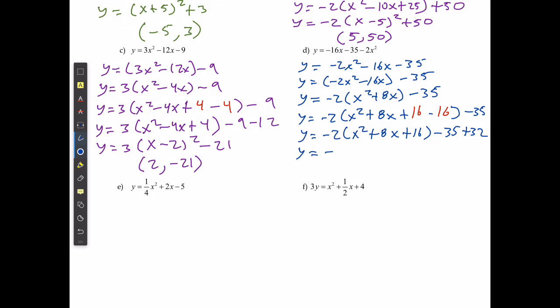Y is equal to negative 2 bracket x plus 4 squared minus 3. The vertex is going to occur at negative 4 and negative 3.